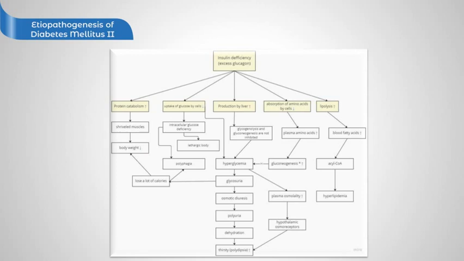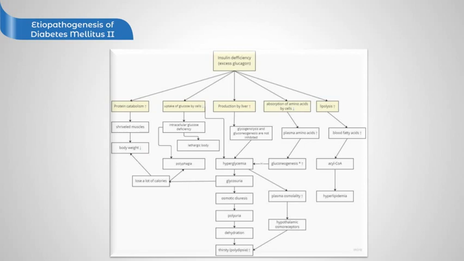The third, it's due to excess glucagon, which obviously increases glucose production from the liver. A rapid increase in glucagon will keep gluconeogenesis and glycogenolysis uninhibited. This causes hyperglycemia.